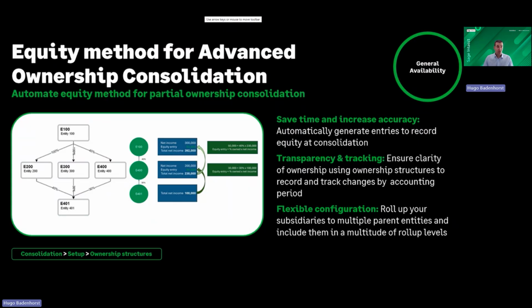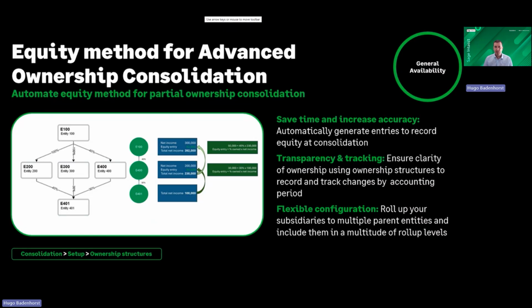You've got the global consolidation where it's multi-currency enabled. So I've got entities in the US, Australia, New Zealand, so different base currencies for each of those entities. We can do a global consolidation, bringing that together into a single reporting or consolidated currency. But we also have this advanced ownership. On this particular one, they've included the equity method of the advanced ownership.